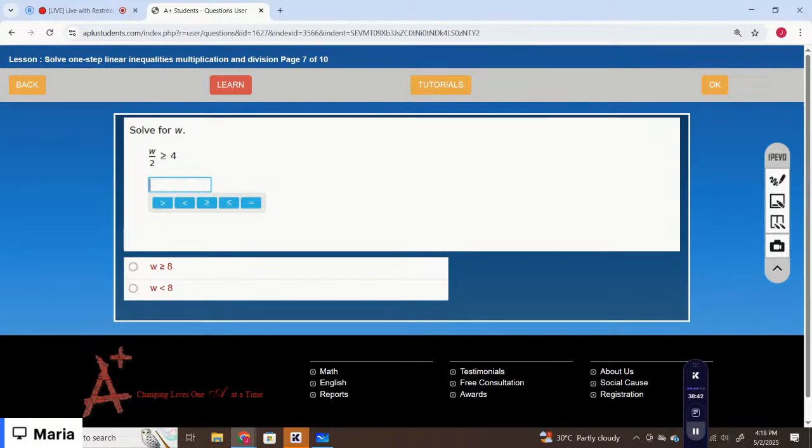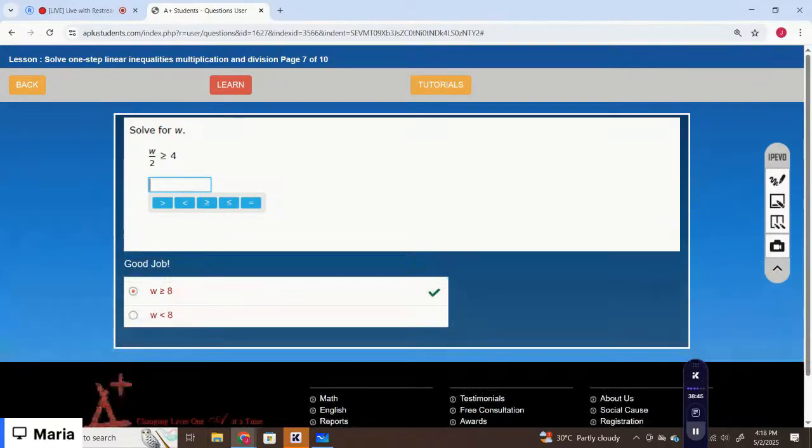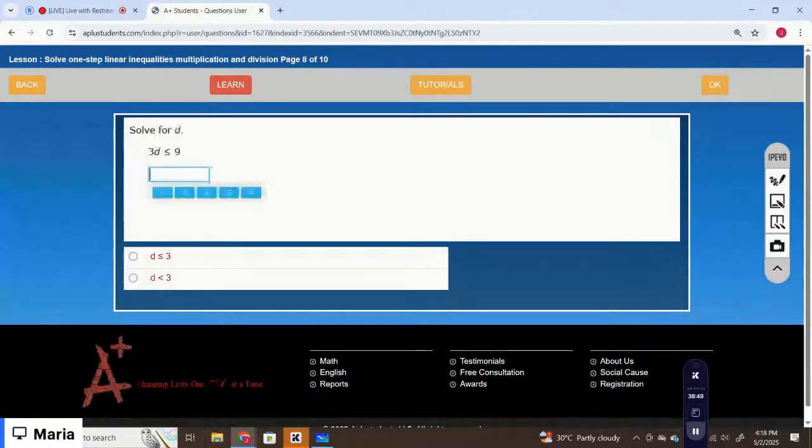W is greater than or equal to 8. Option number 1 is the correct option. 3D is less than or equal to 9.